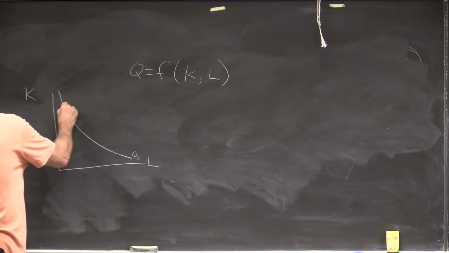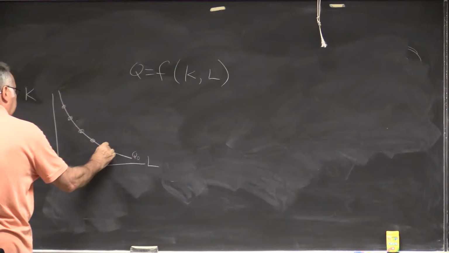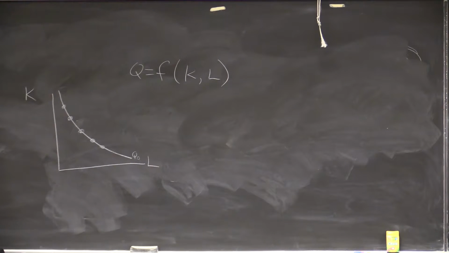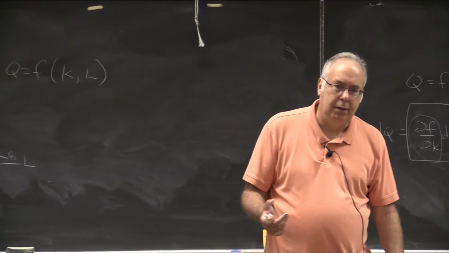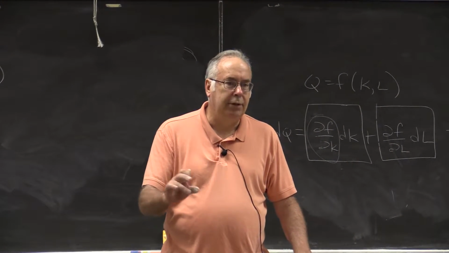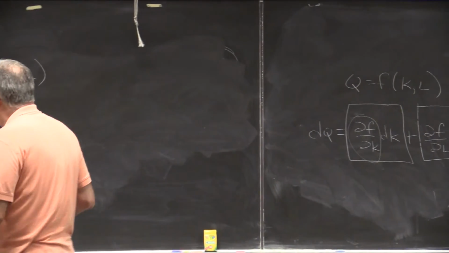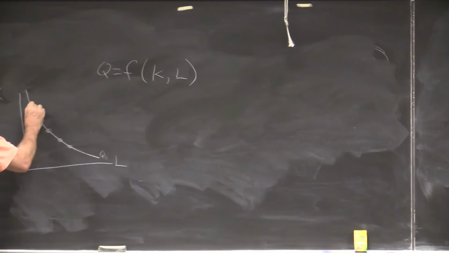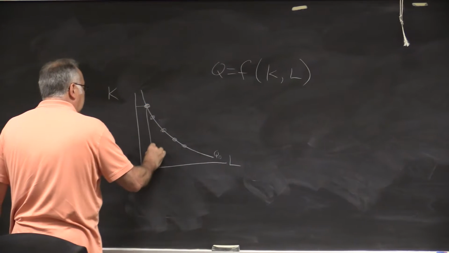At any point along this isoquant, output is Q sub 0. This curve will have a negative slope because as you use more labor, you need less capital. If you're going to keep output constant, labor and capital are substitutes for each other. You use more labor, then you can use less capital. So if you start off at point A, you're using a lot of capital and a little bit of labor.